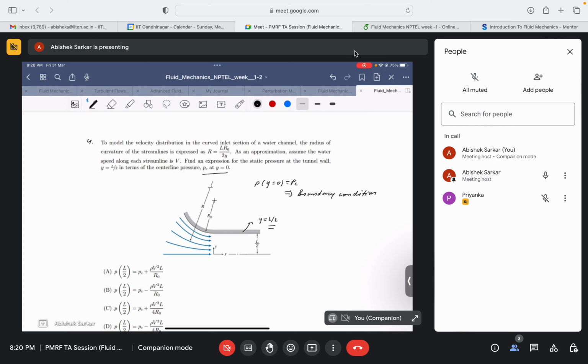Because you are asked to obtain the pressure at y equal to L by 2, and since you know the pressure at the center is equal to Pc, you need to deal with the variation of pressure along the normal direction, right? So the Euler's equation of motion along the normal direction of the streamline would be helpful. You can approach in that manner.